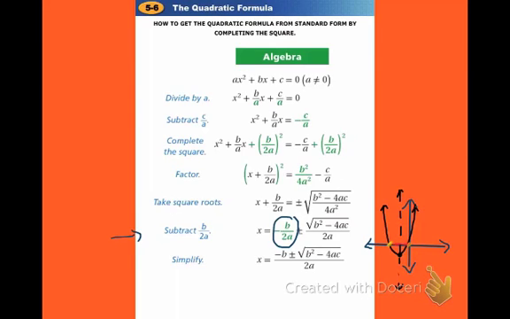Basically what this shows you is that if you're at minus b over 2a, which is the x-coordinate of the vertex or the axis of symmetry, then you could add the square root of b squared minus 4ac, over 2a, to get one solution. That would be the one going to the right. Or you could subtract the square root of b squared minus 4ac, all over 2a. That's the solution going to the left of the axis of symmetry.